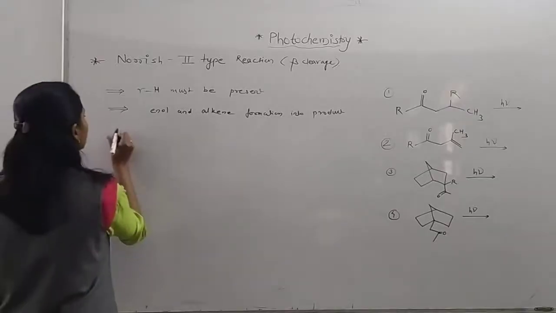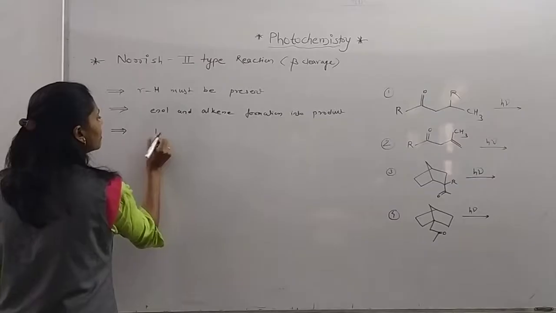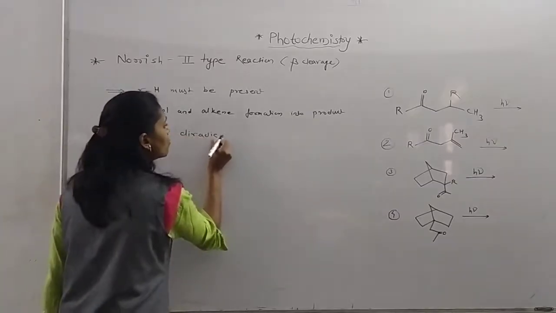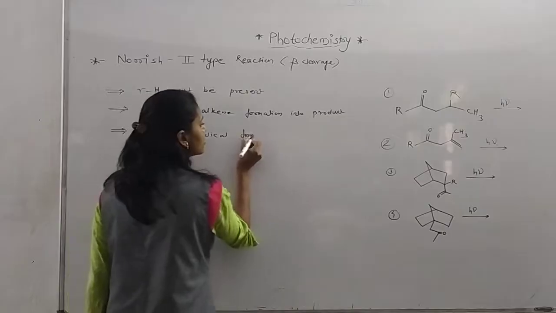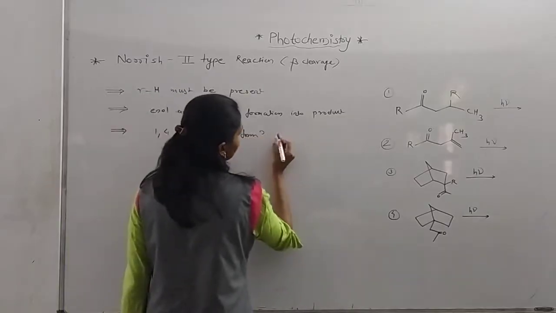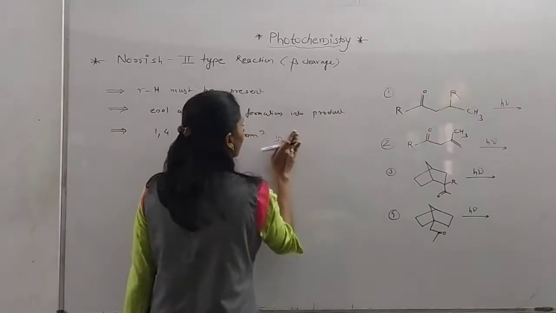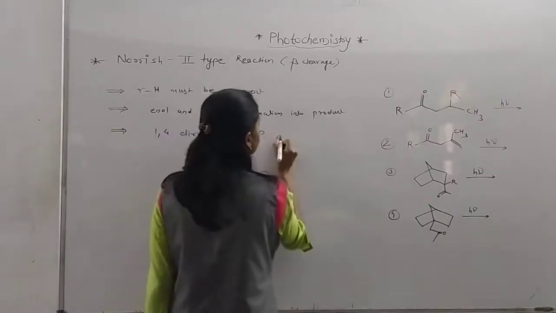The next point is 1,4-diradical formation as an intermediate.